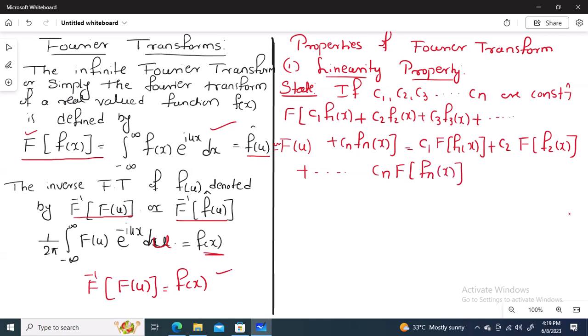So this is the first important property.